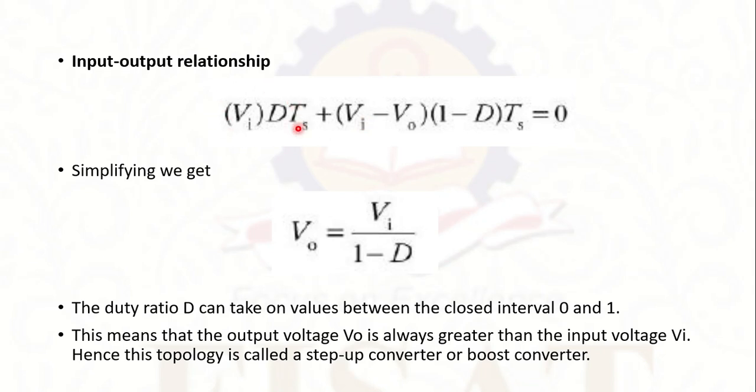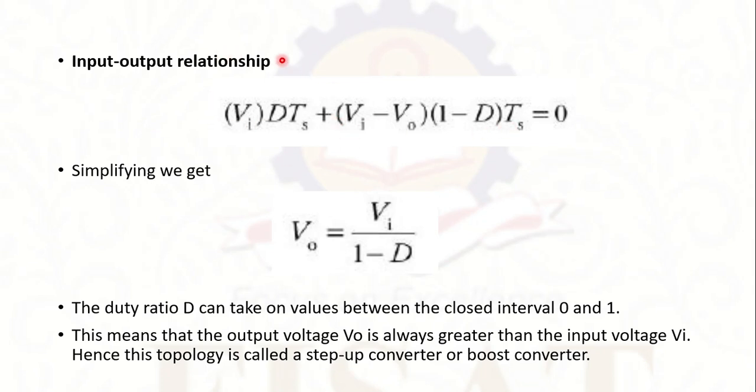So considering these values, the total voltage across the inductor over a cycle, over a period, will be equal to 0. That is why we write this equation: Vi into dTs plus Vi minus Vo into 1 minus d into Ts.